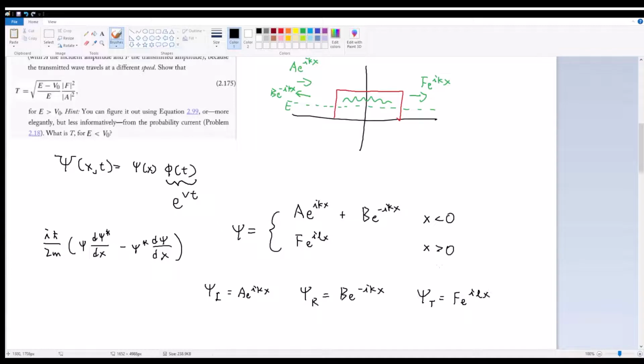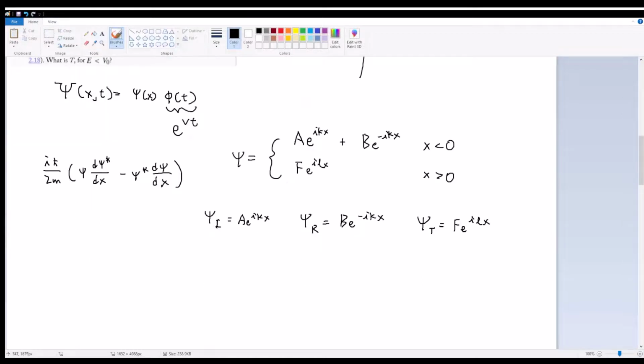And what happens is that all of these waves, if you've taken classical mechanics, I believe, you should know that waves will superimpose upon each other, and quantum waves are no different. So because of that, the actual net wave function of the system is going to end up being the superposition of all of these functions together. And from there, what we can say is that, okay, we can calculate the probability current for the incident wave and the transmitted wave.